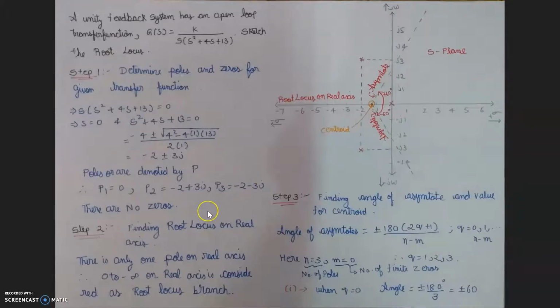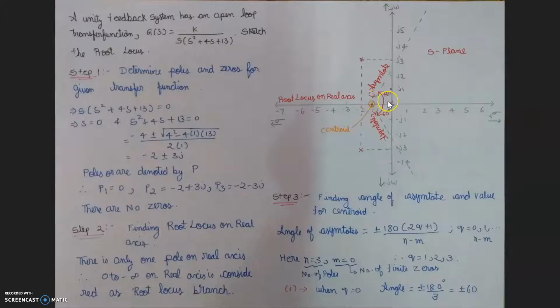The second step is to find the root locus on the real axis, that is, to draw the root locus branch. There is only one pole on the real axis, because poles are represented as cross marks, and there are no zeros because the numerator has no s variable.